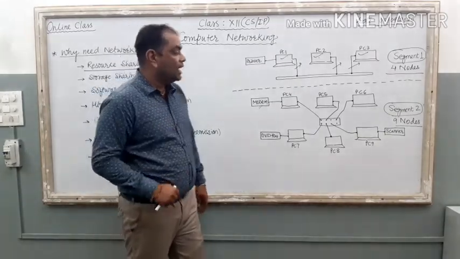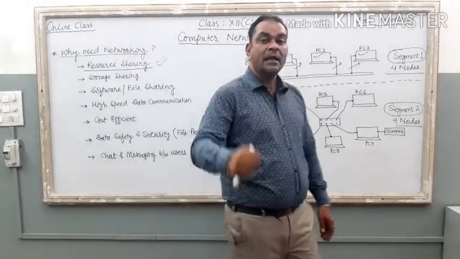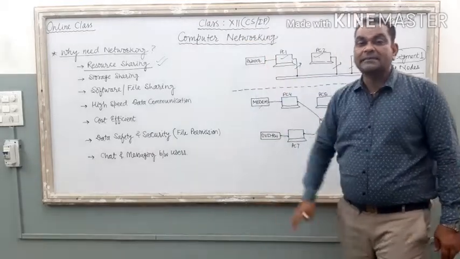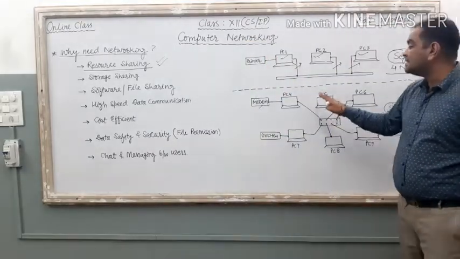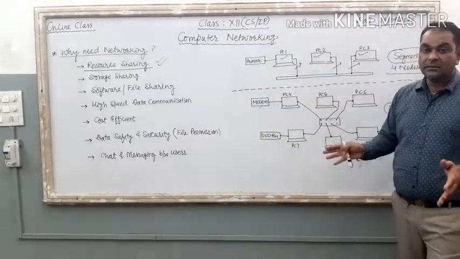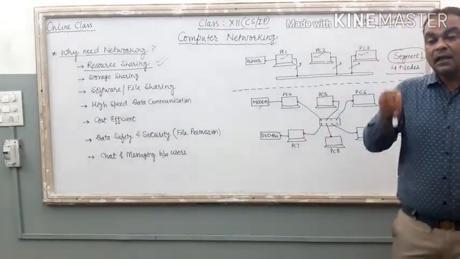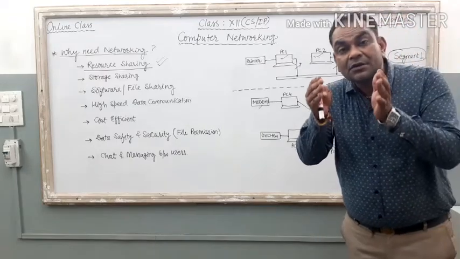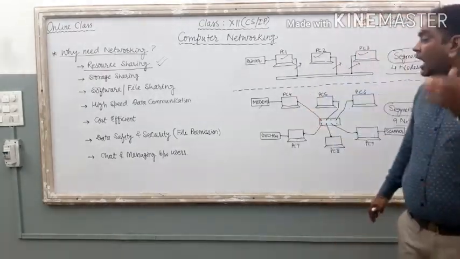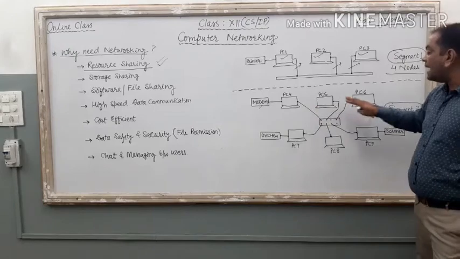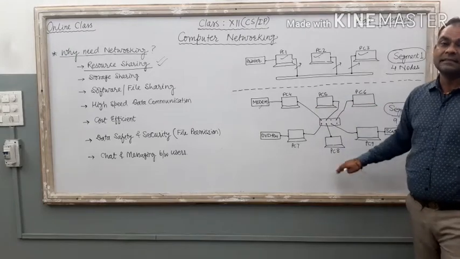If we require internet accessibility on all these 6 PCs, we have to purchase different modems. Means 6 different modems we should purchase, and 6 different internet connections also we should take. Only then can we access the internet on all these 6 PCs.